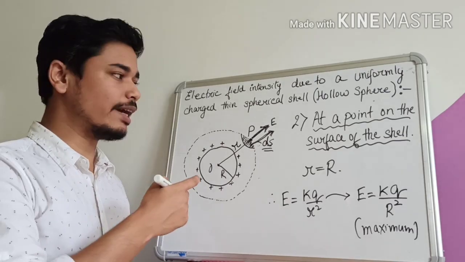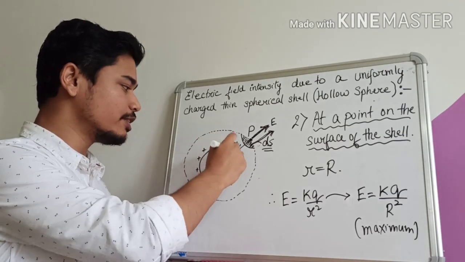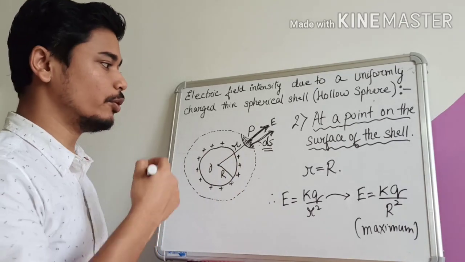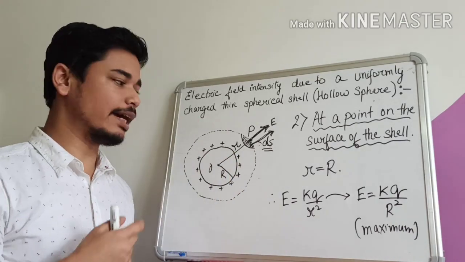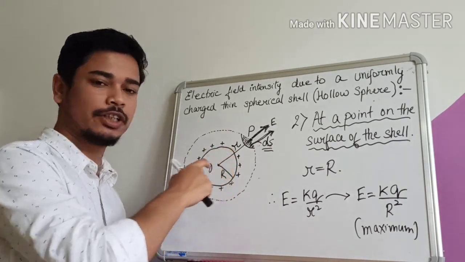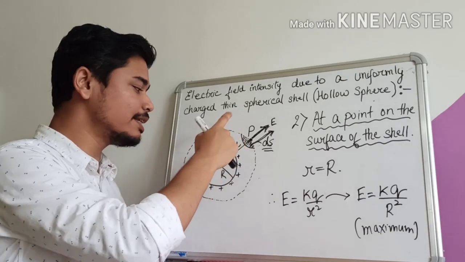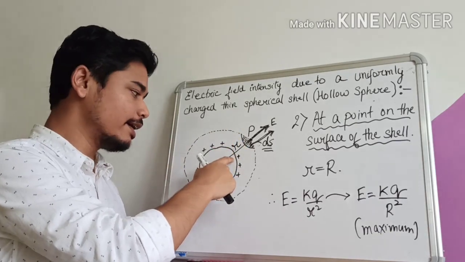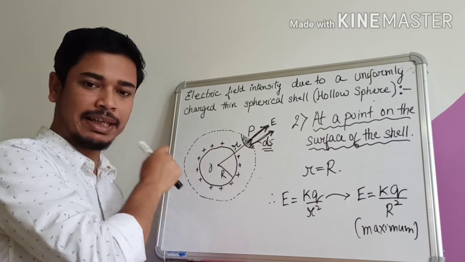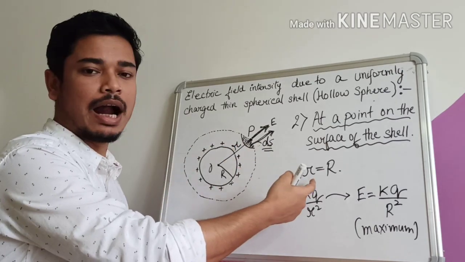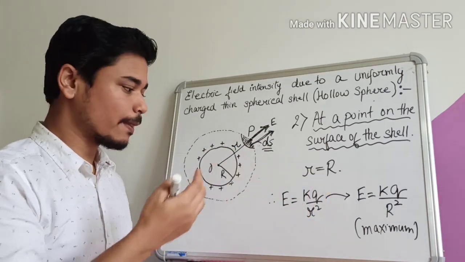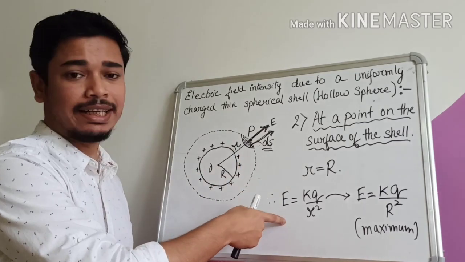Next we move on to find the electric field on the surface of this spherical shell. So we are required to find the electric field at the point which lies on the surface of this sphere. Now if the point P lies on the surface of the sphere, then this distance will become equal to capital R. So what is the value of r? r will be equal to capital R. So we have to find the electric field.